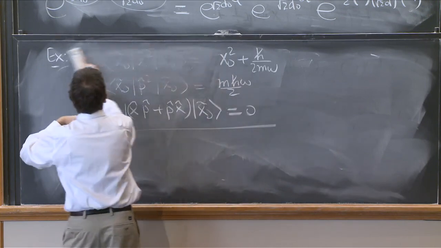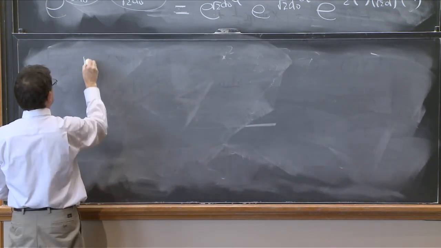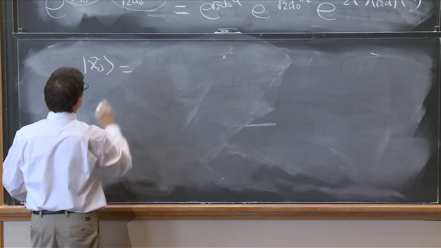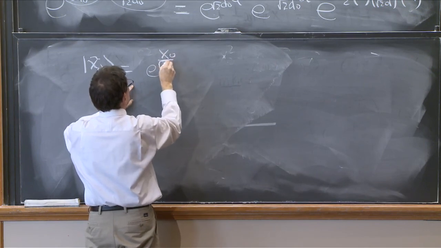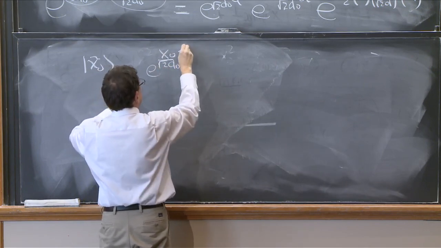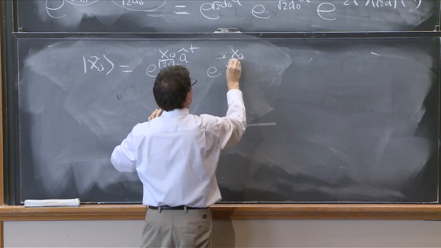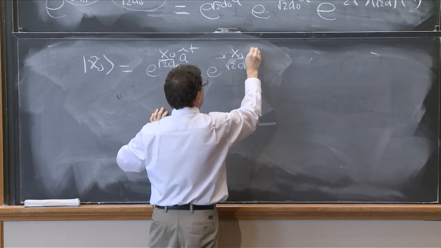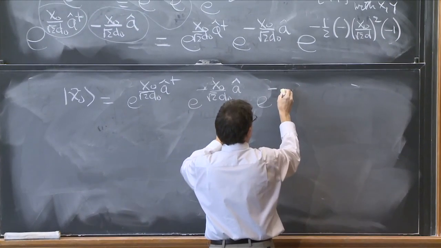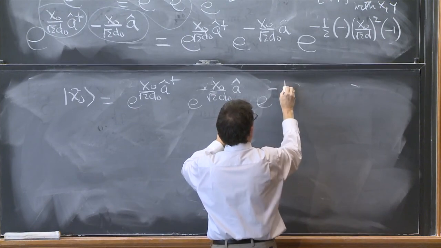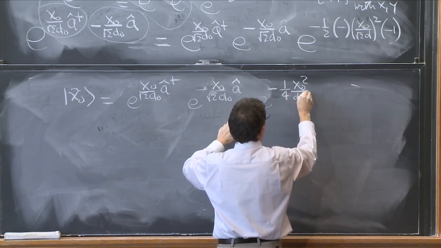So let's write it. The coherent state, therefore, x naught tilde, is equal to e to the x naught over square root of 2 d naught a hat dagger, e to the minus x naught over square root of 2 d naught a, and this factor seems to be e to the minus 1/4 x naught squared over d naught squared.